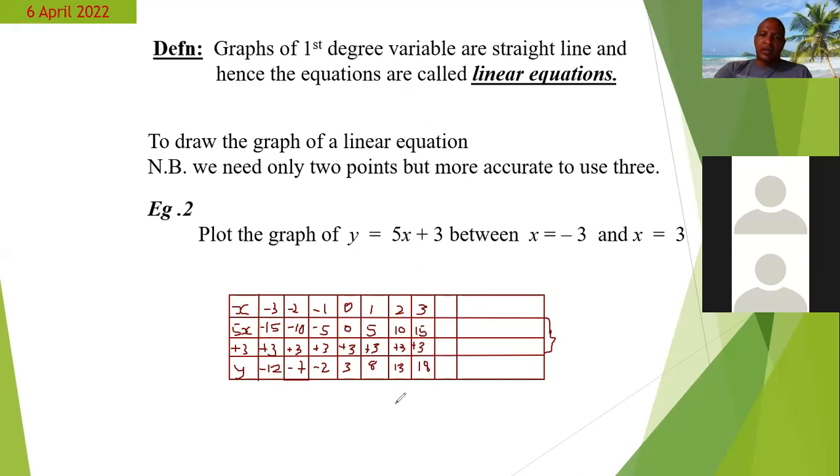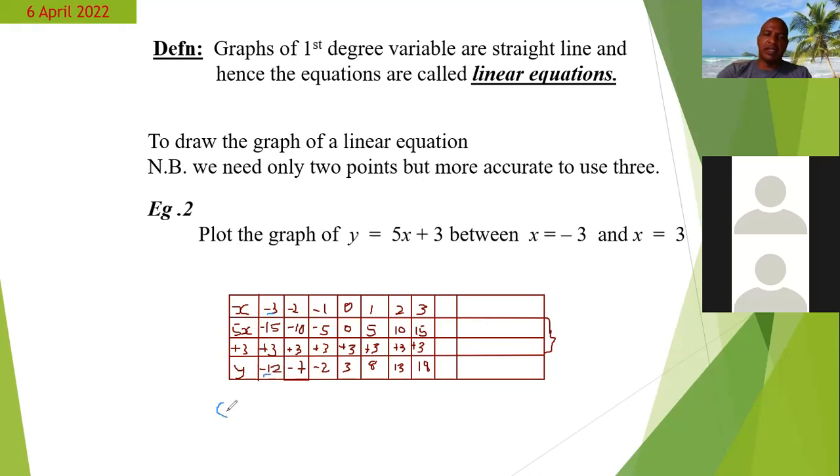All right, so from this table, when we're plotting our graph, we're going to use our corresponding X and Y values to plot our points. So for the first point, we're going to have X equal -3. So we use this -3 with this -12.